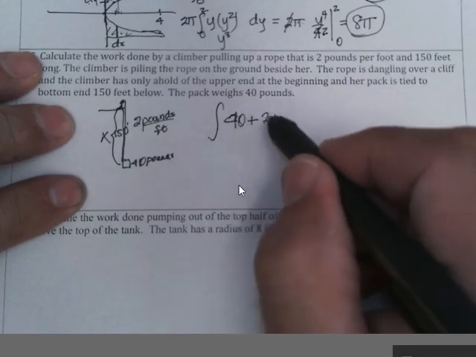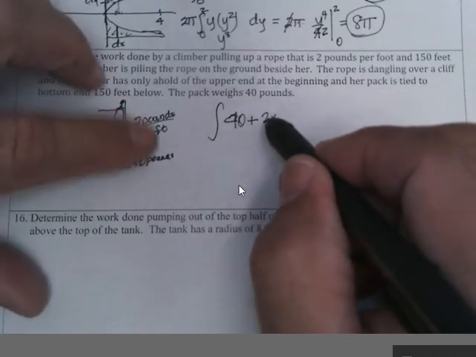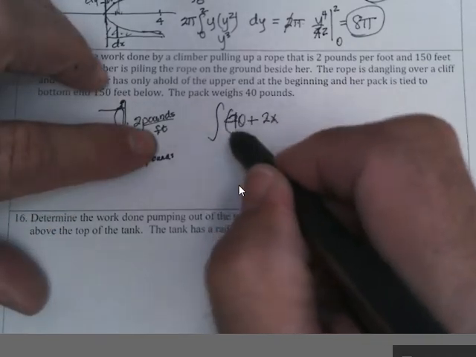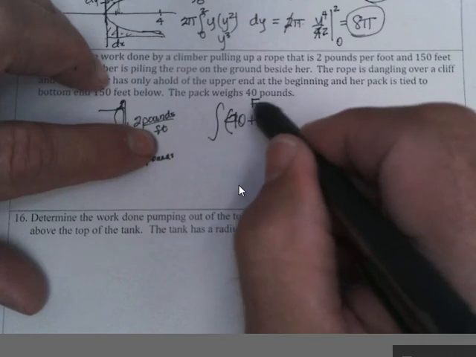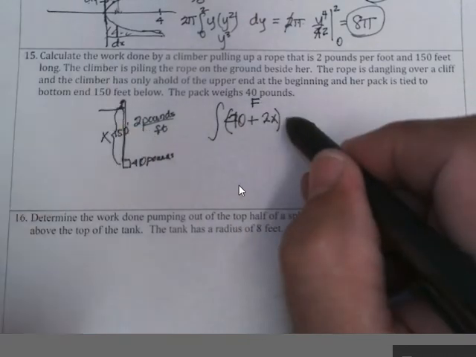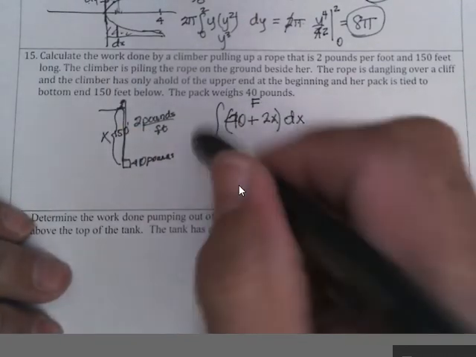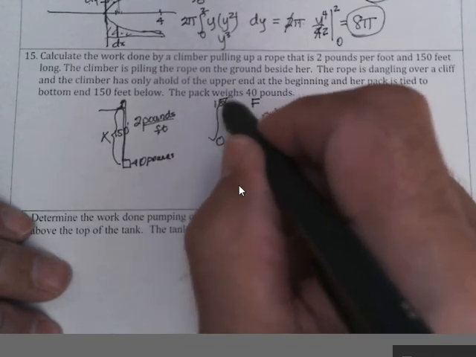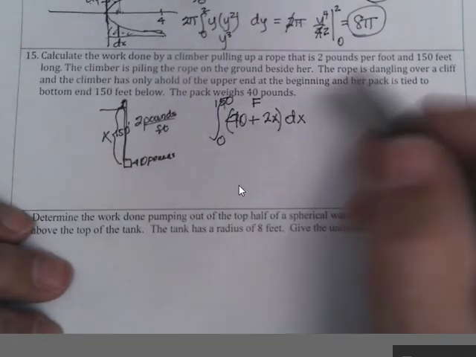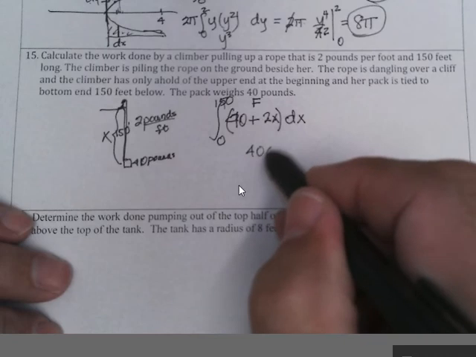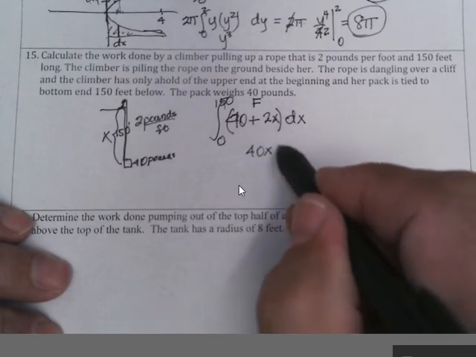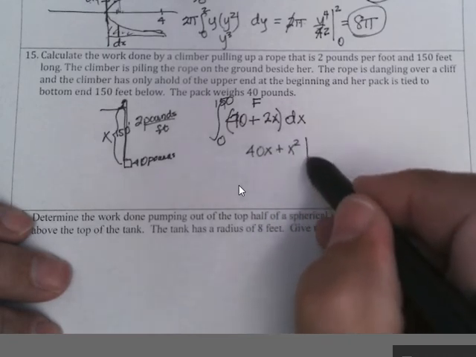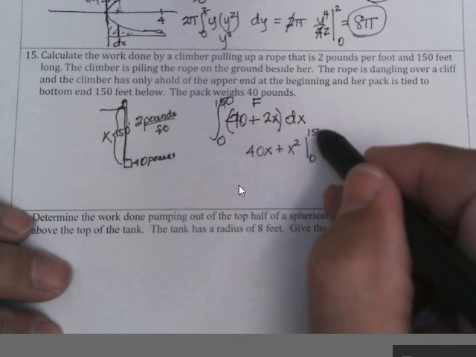This is already pounds. This is the 2 pounds per foot times the number of feet. This becomes pounds, which is a force, times the distance. We're going to keep going little distances until we get from 0 to 150. And so it's going to be 40x plus x squared, evaluated from 0 to 150.